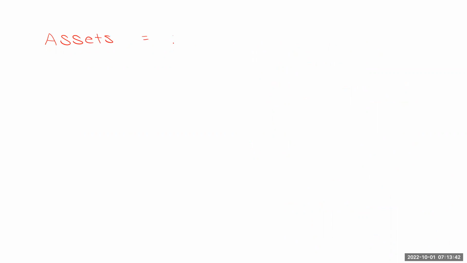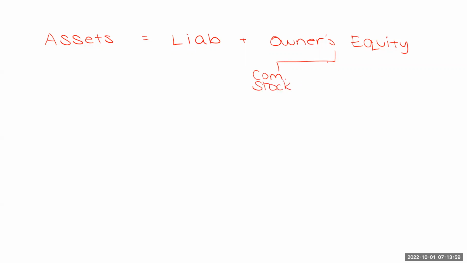Assets, liabilities, and owner's equity. I'll just leave it at the 4, which is your common stock. Dividends, revenue, and expenses.